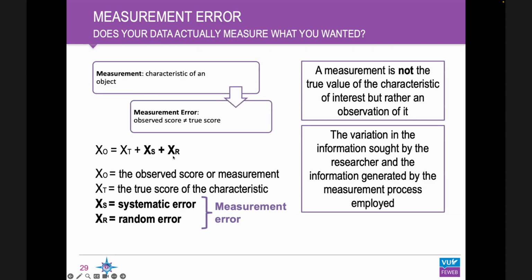As you can see, it has two components: one is the systematic error, and the other is the random error. For instance, a random error would be that while you're answering, someone walked past you, you got distracted, and you gave a different answer.